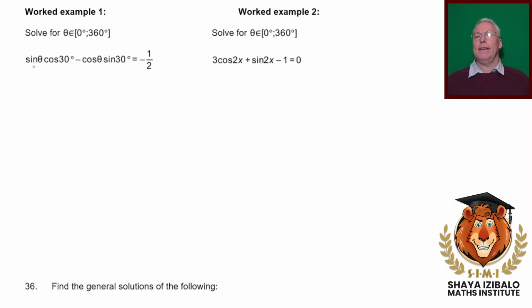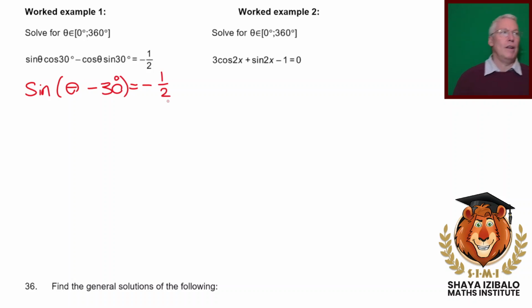If you've learnt your identities, you will straight away pick that that is sine of theta minus 30 degrees. Now, to me, it looks very straightforward, very plain, very vanilla, okay? Remember what we're going to do? We're going to find a key angle. The key to finding a key is not to put the negative into the calculator.